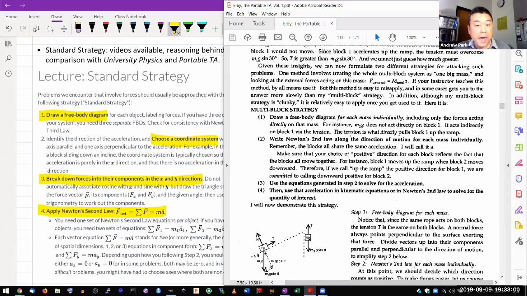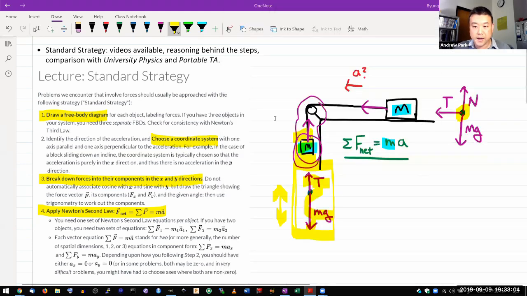So as you might have noticed when I drew the free body diagram here, after you're done drawing the free body diagram, if you're immediately trying to write down Newton's second law, especially in component form, you're skipping a bit of a step here. What's your x direction? What's your y direction?